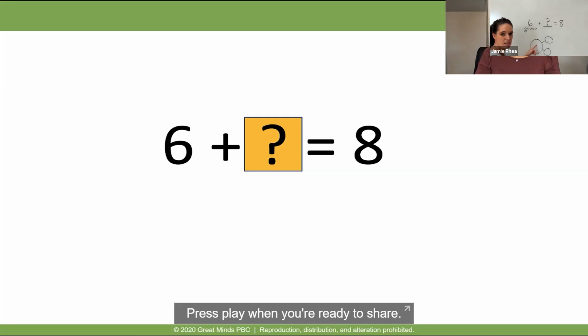Now, I can go ahead and fill this in. I can say I have 8 pieces of candy total. I started out with 6, and my son gave me some more. Now we have to figure out how many more we have. So how can I do that? What strategy could I use to solve for my mystery number?